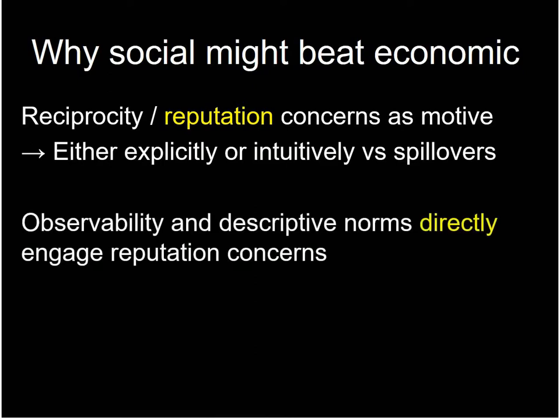And so if a lot of the reason that people do pro-social behaviors is either explicitly or implicitly motivated by reputation concerns, then it's clear why observability should make you more likely to do it, and why social norms should influence your behavior.